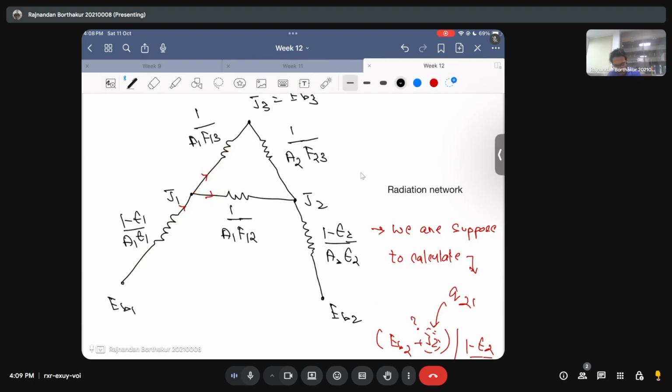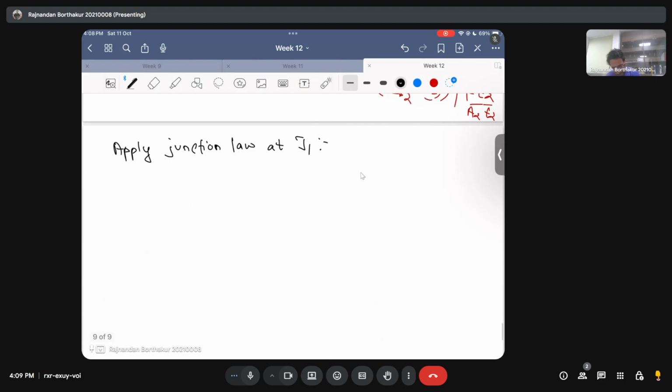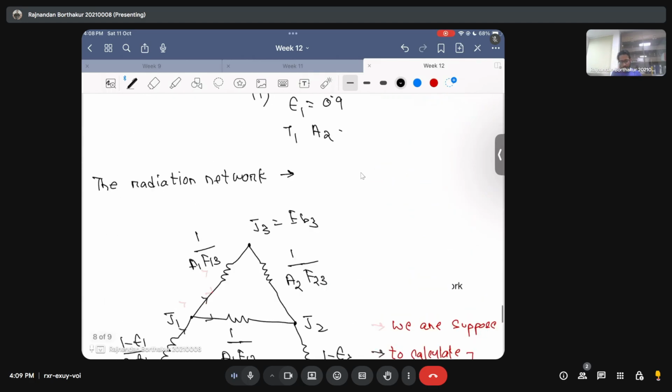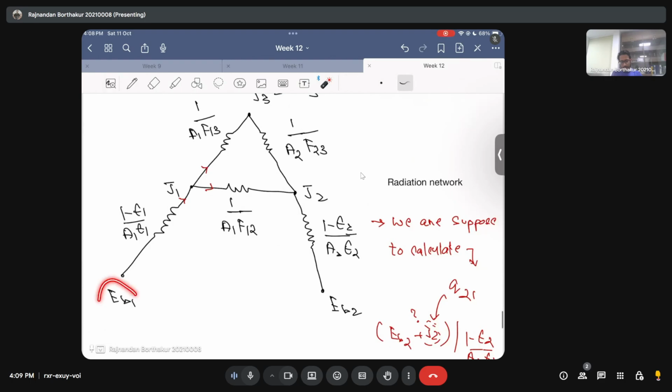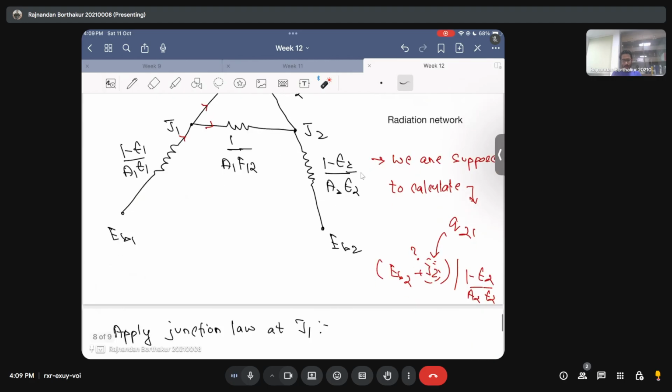The net flux that comes from this branch is going to be EB1 minus J1 divided by (1 minus epsilon 1) by A1 epsilon 1. That is typically because the heater is at the highest temperature, which means that the flux is always going to be from EB1 to the other branches, and that's the reason why the direction of this is in this particular direction and not the other way around.